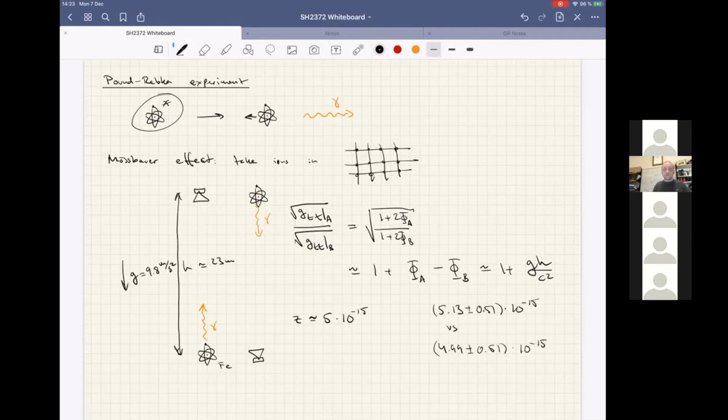So indeed, just looking at this, we observe that the GR prediction for the gravitational redshift is correct. But in order to get this kind of precision, you really had to exclude this recoil of the atoms using the Mössbauer effect.